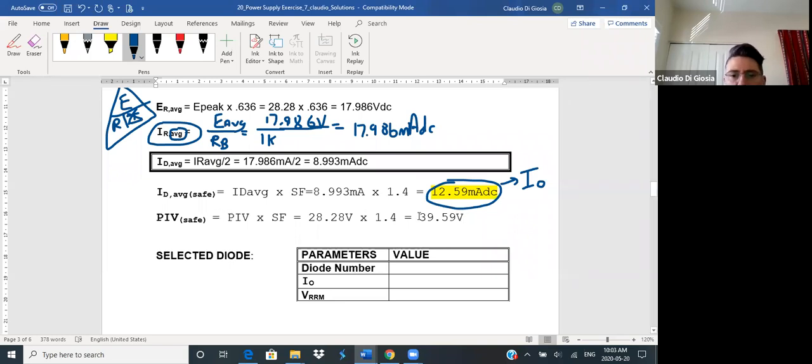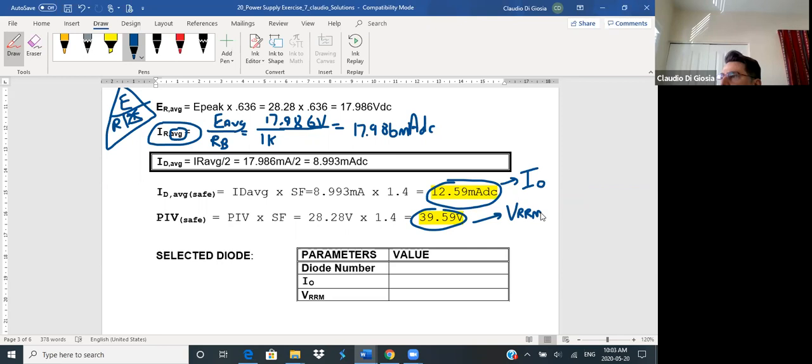So this guy here will be important as well. It's not always going to be under 50, in case you're wondering. We're going to take this guy here and go to the spec sheets and compare this to VRRM. Any questions so far?